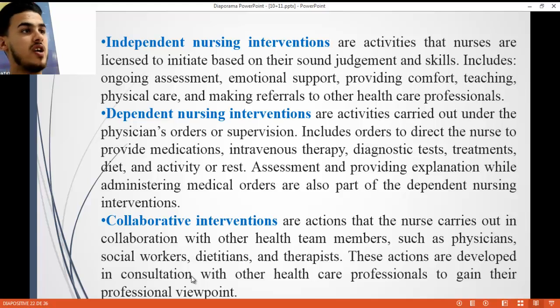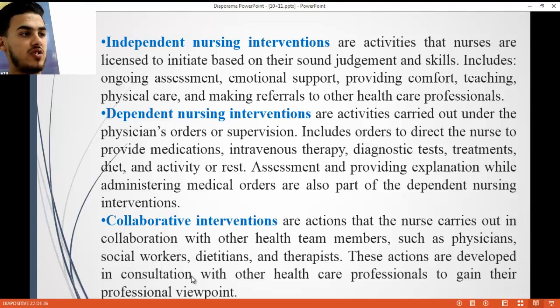So the difference is that in independent nursing interventions, you are free to use your skills and abilities to communicate with your patients. While in dependent nursing interventions, you are guided by the therapist or the doctor, and they are generally the rules or treatments ordered by a doctor.